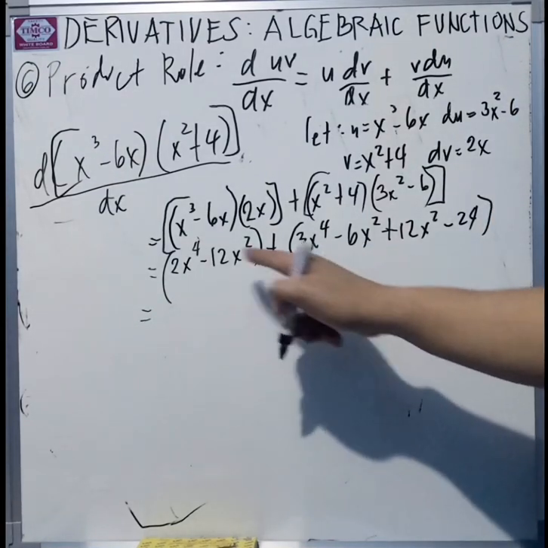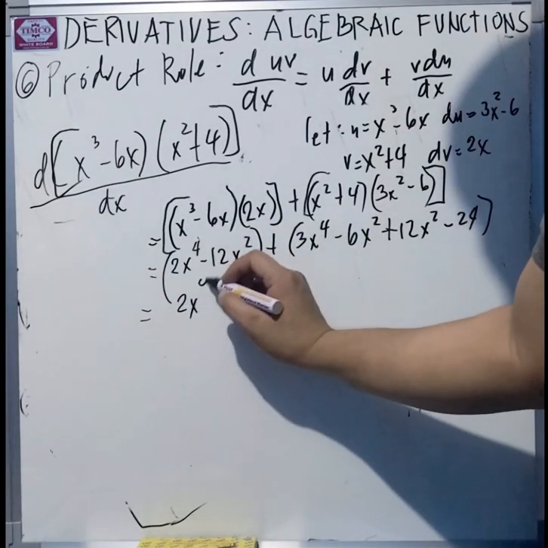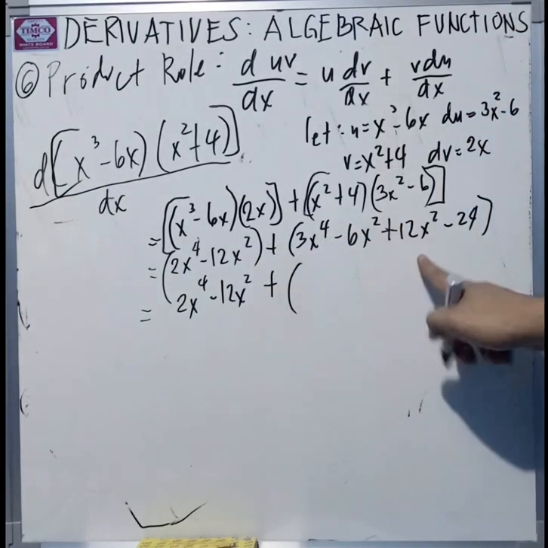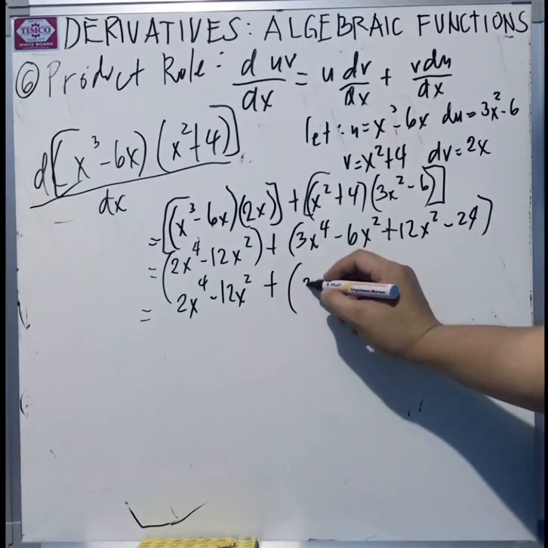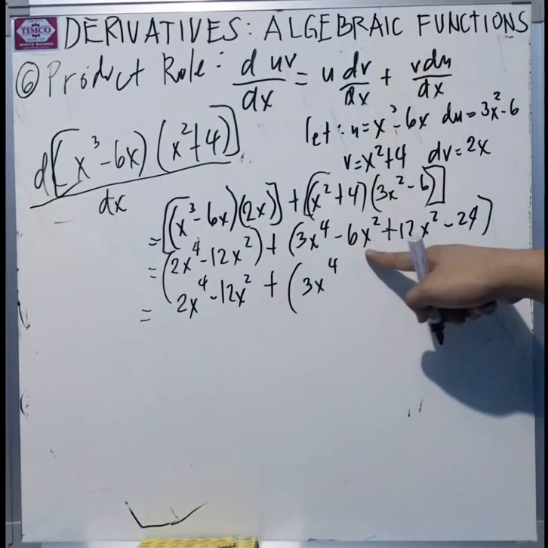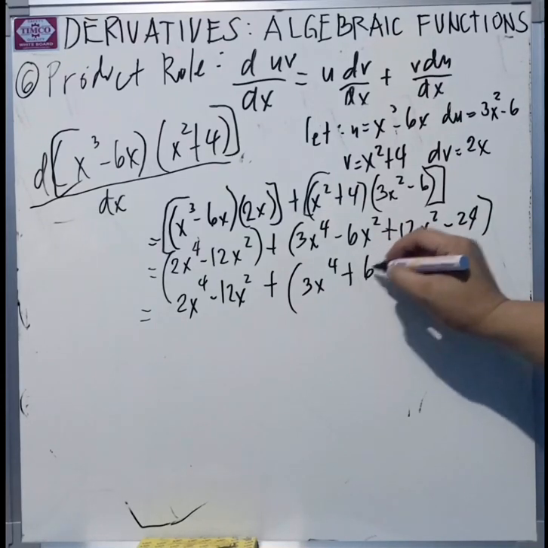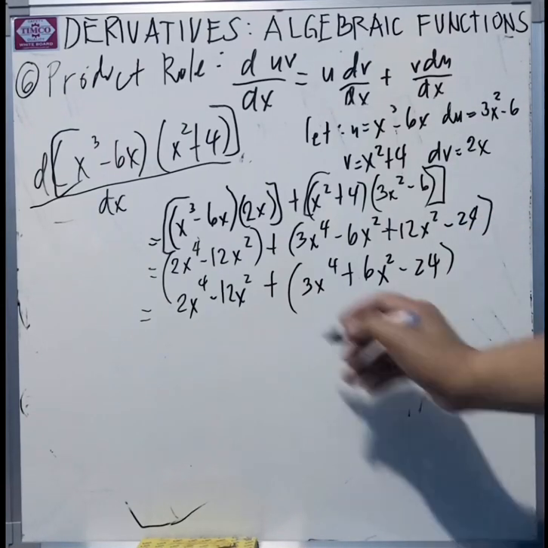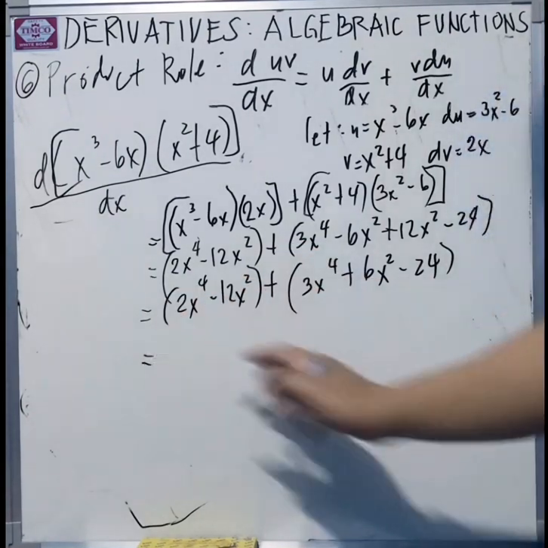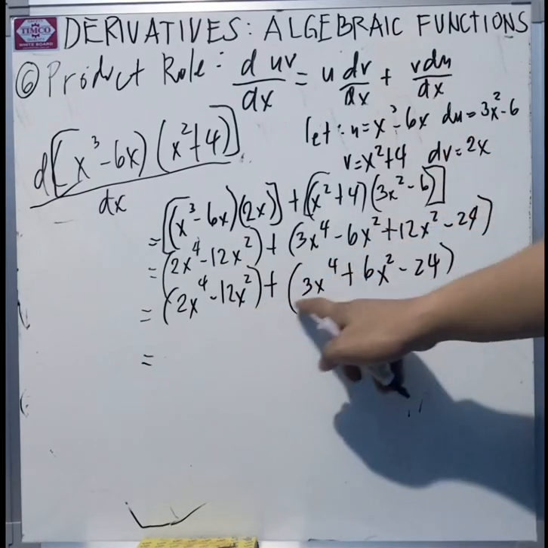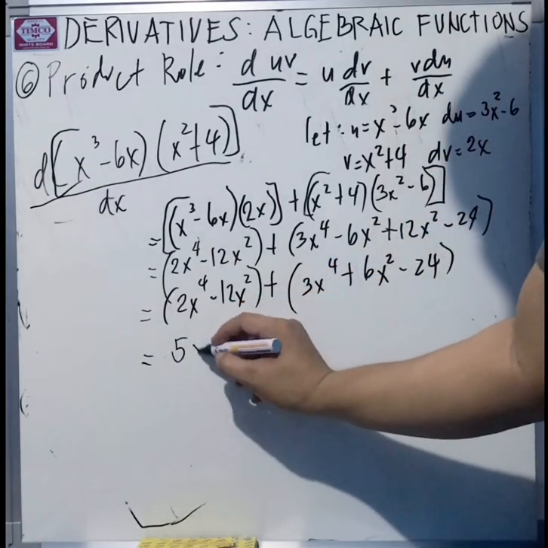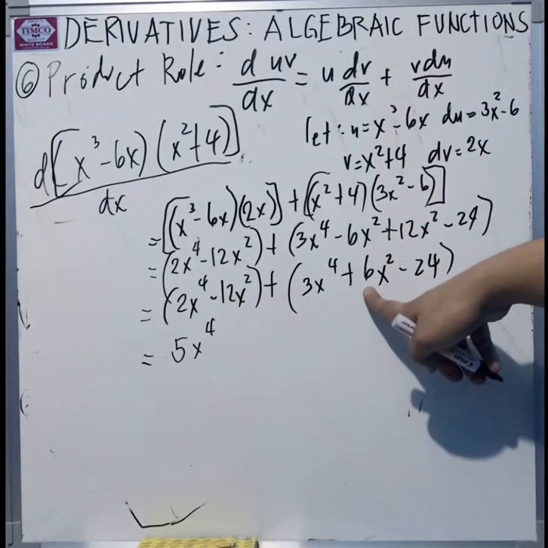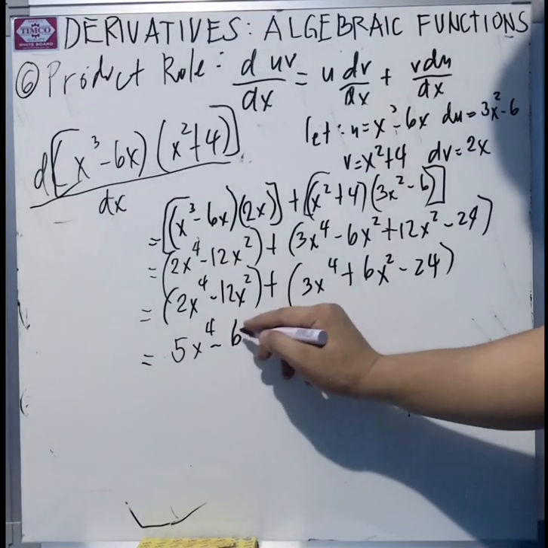Combine in like terms. Dito muna tayo sa kabila. So, 2x to the 4th minus 12x squared plus dito we have 3x to the 4th, negative 6x squared plus 12x squared, we have positive 6x squared minus 24. So combining like terms, we have 2x fourth plus 3x fourth equal to 5x to the fourth. Negative 12x squared plus positive 6x squared, we have negative 6x squared.